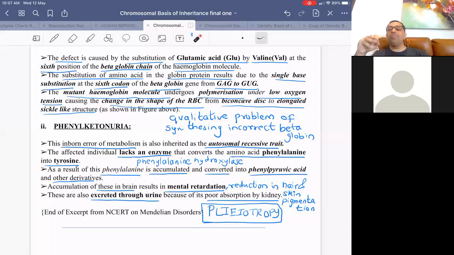This means one gene is affecting multiple phenotypic characteristics and is an example of a pleiotropic gene.